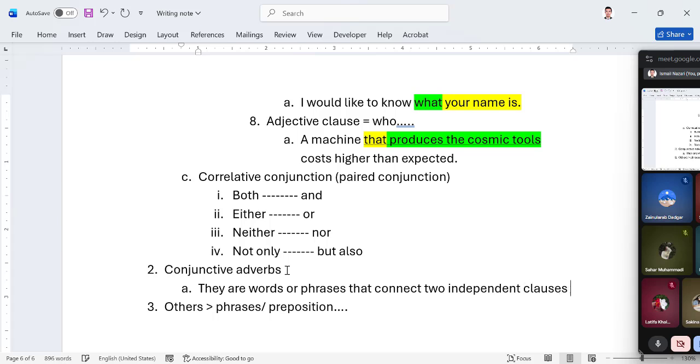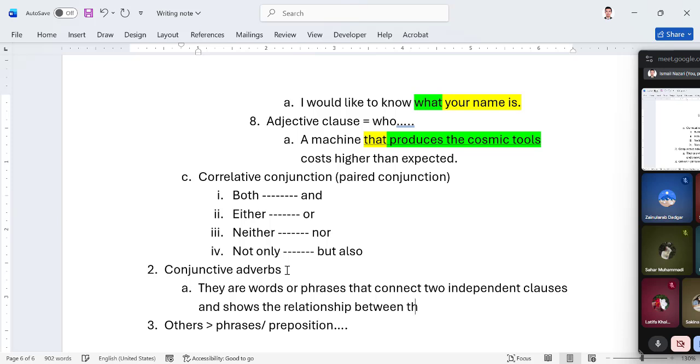Independent clauses, or simply we can also call them two complete sentences, and it doesn't change the meaning of the clause. It connects the two sentences and shows the relationship between them.